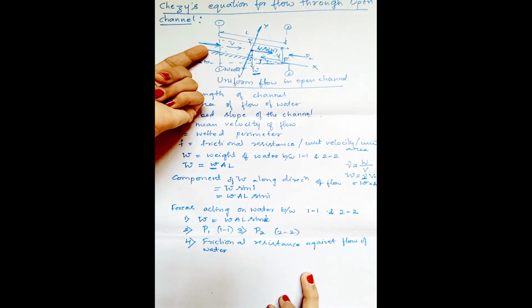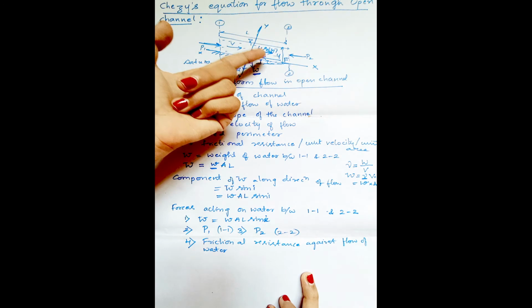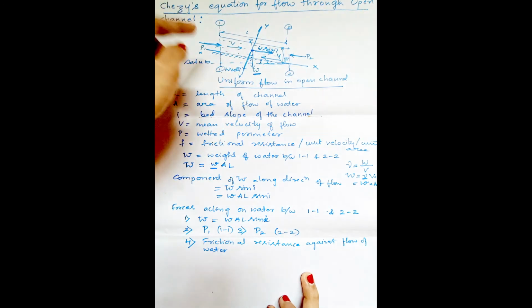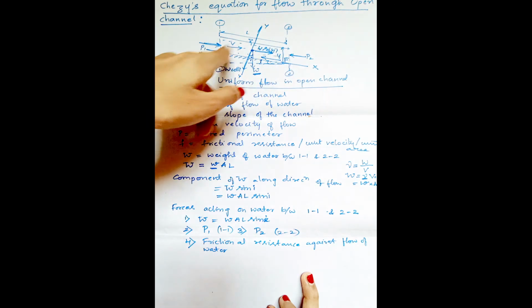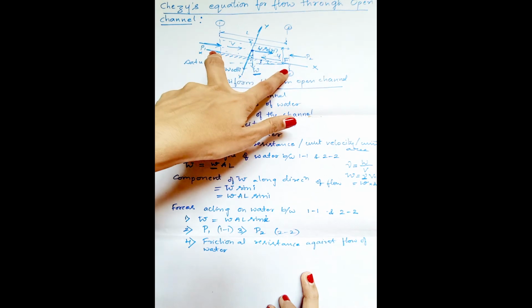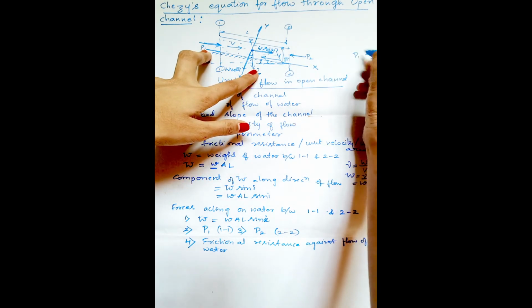As the depth remains the same, the pressure forces on these 2 sections will also be the same, but acting in the opposite direction. If the magnitudes are the same, acting in the opposite direction, then what happens? Those 2 forces will get cancelled out.